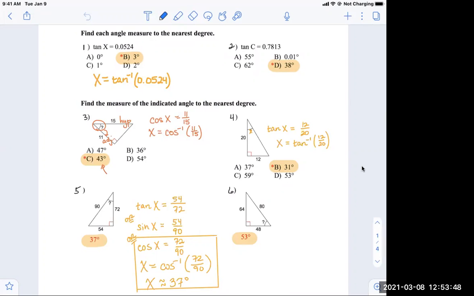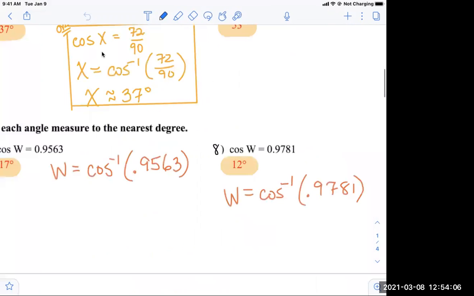Any questions on the ones that are up there right now? Okay, there's ones at the bottom.